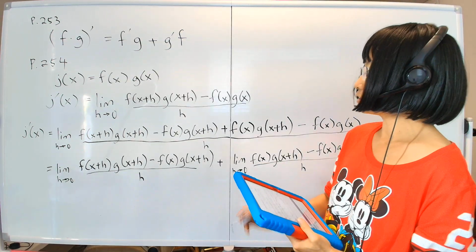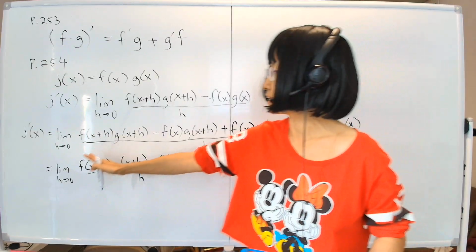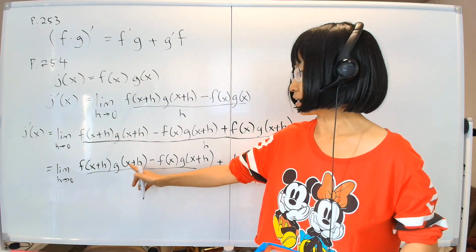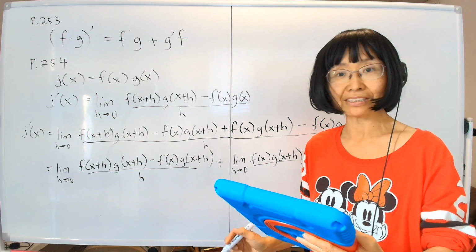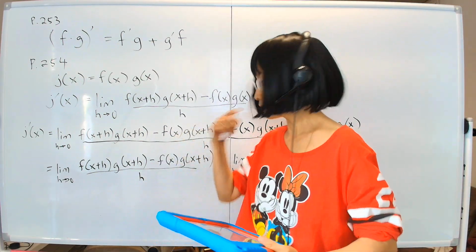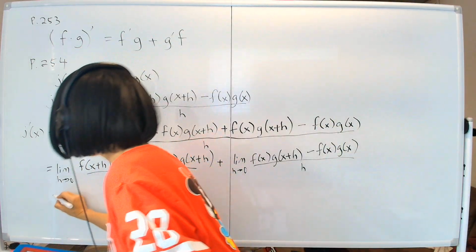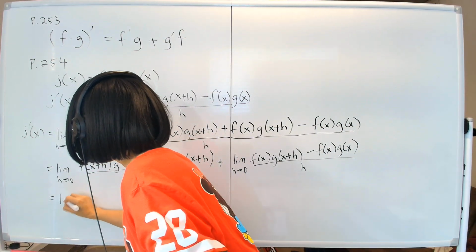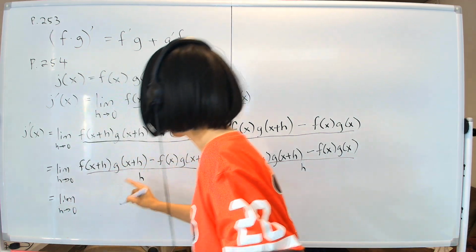Next we are going to factor, because this first thing here has g of x plus h on both items, so we will factor it out. Which is a simple thing to do, but a lot of writing, so let's patiently write it out. So it equals the limit as h approaches 0.